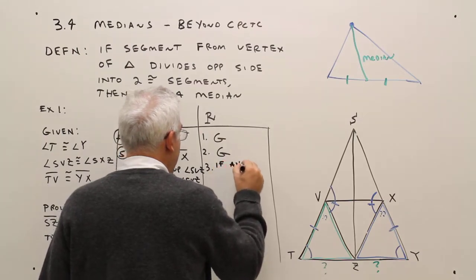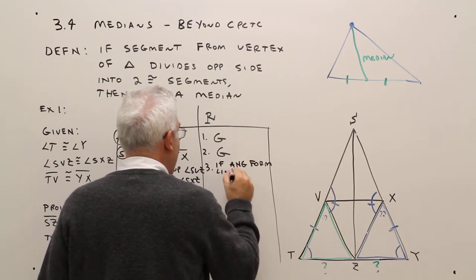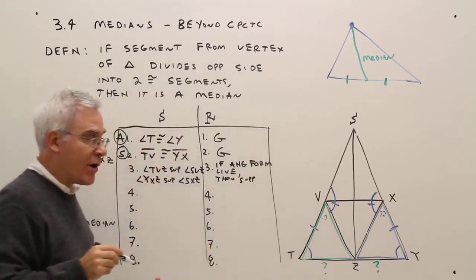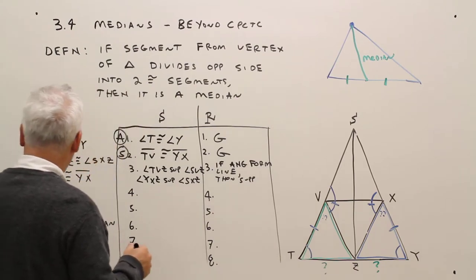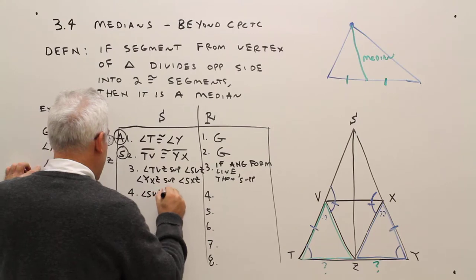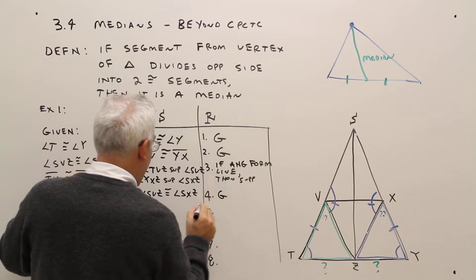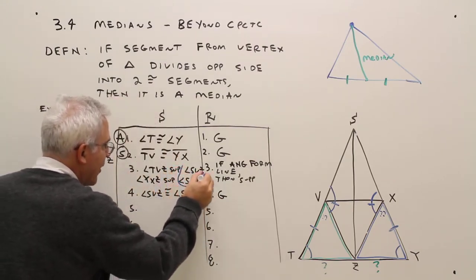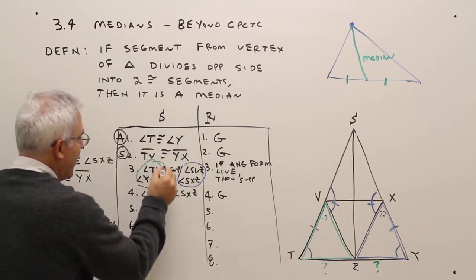If angles form a line, then sup. Okay, now I'll get my congruence, so I can use that theorem from the first week of school. So my congruence was angle SVZ was congruent to angle SXZ. That was given. So now, if these things are congruent, then these things are congruent.